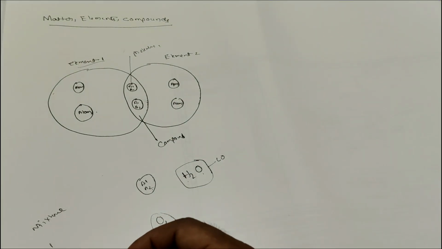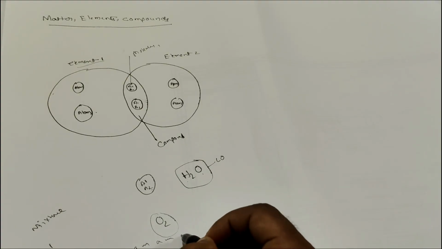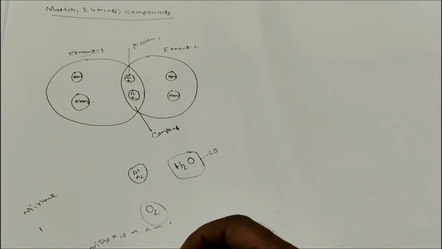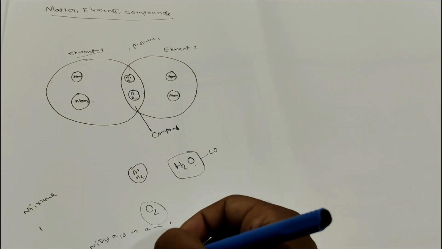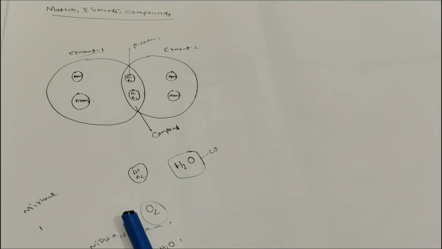Air contains oxygen, nitrogen and carbon dioxide and some other gases. And also salt water contains NaCl and H2O. So there are two compounds. That's it.